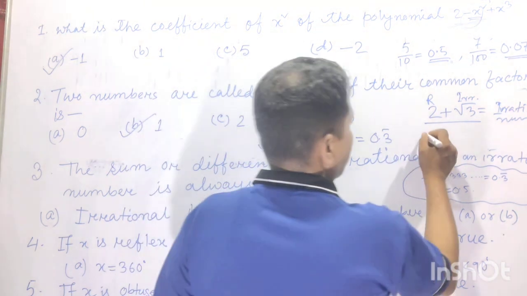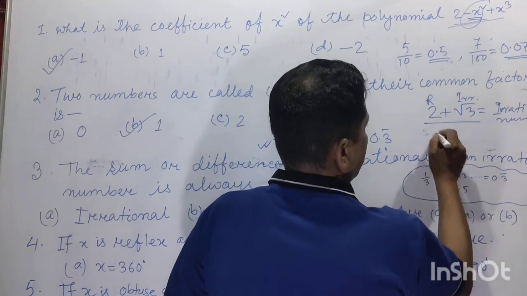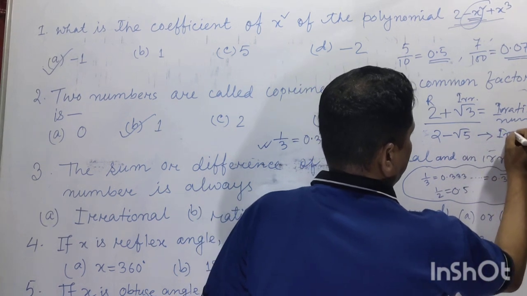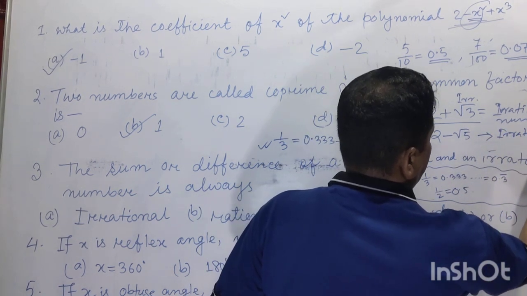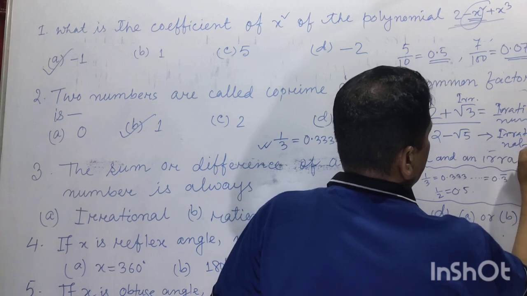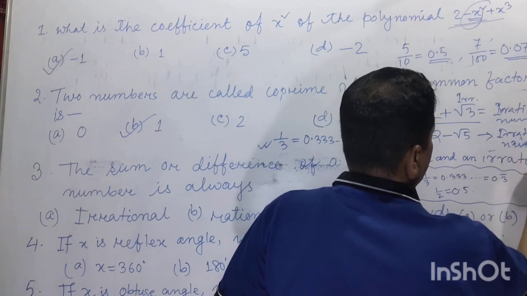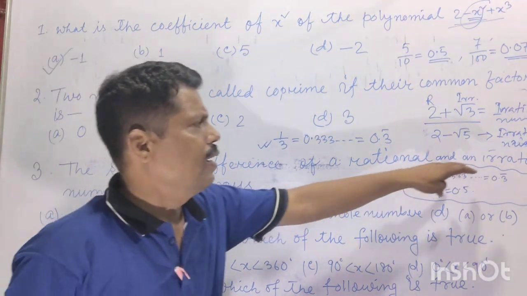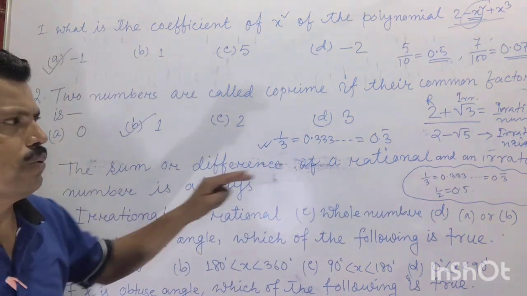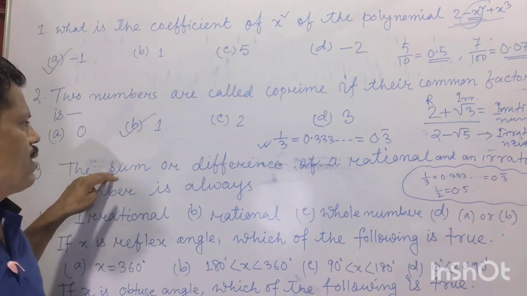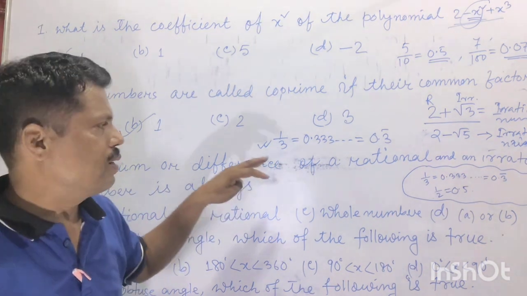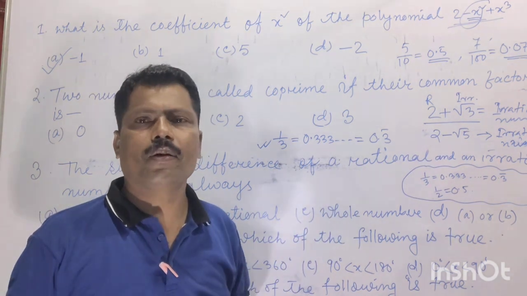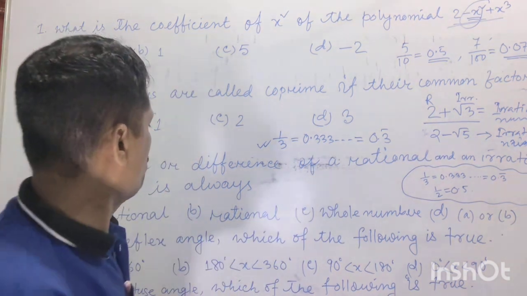Again, if we take the rational number 2 minus root over 5, then also we get an irrational number. So we can say the sum of a rational and an irrational number is always irrational, and the difference of a rational and an irrational number is also always irrational.